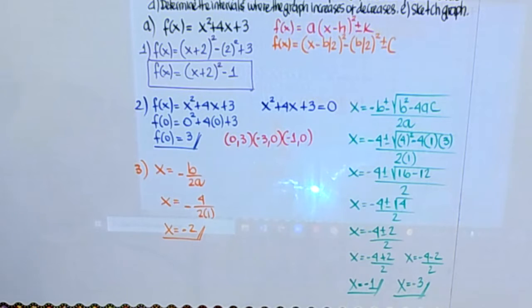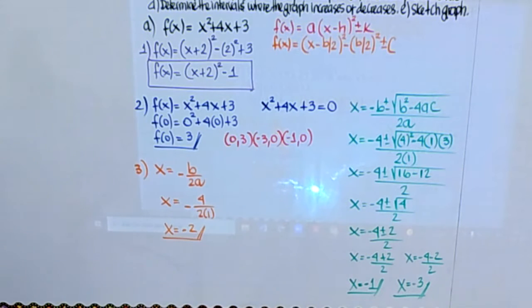Okay. Now step D and step E, actually the letter D, to determine the intervals where the graph increases or decreases. Before we do that, we have to sketch the graph, and after we sketch the graph, we can determine where the intervals of increasing or decreasing are. But before that, we have to determine what the vertex will be. How can we calculate the vertex?